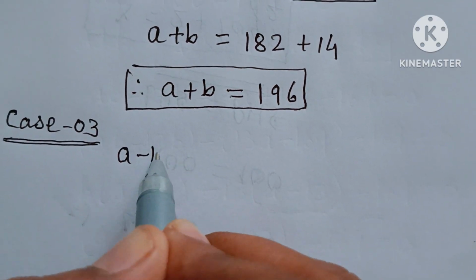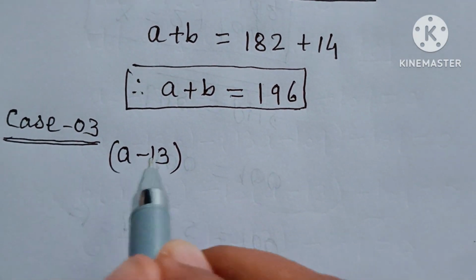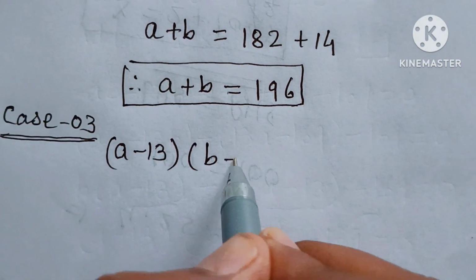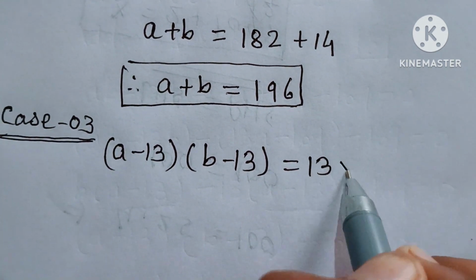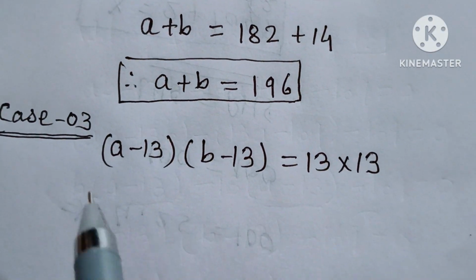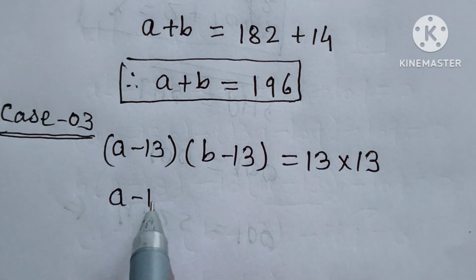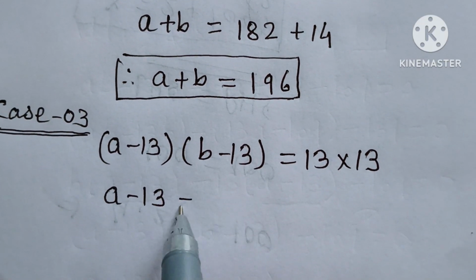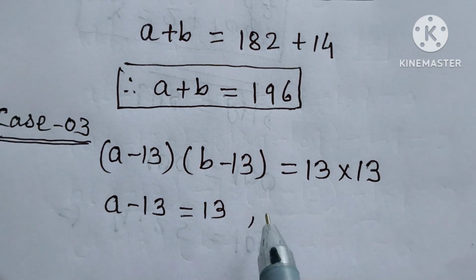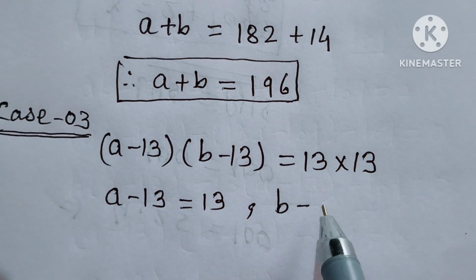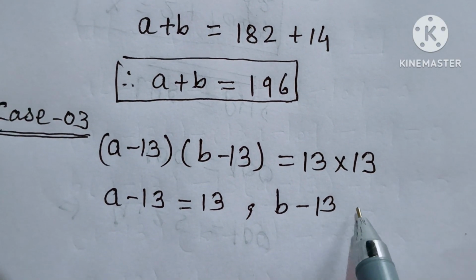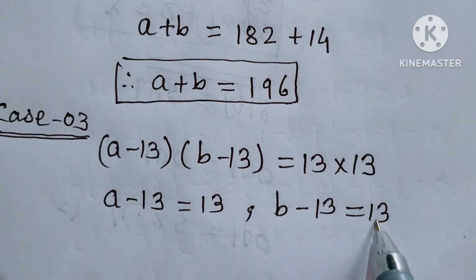A minus 13 into B minus 13 equal to 13 into 13. A minus 13 is equal to 13, B minus 13 equal to 13.